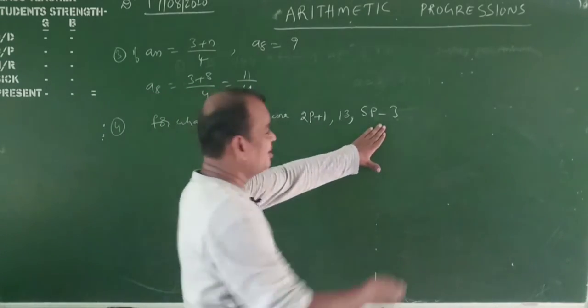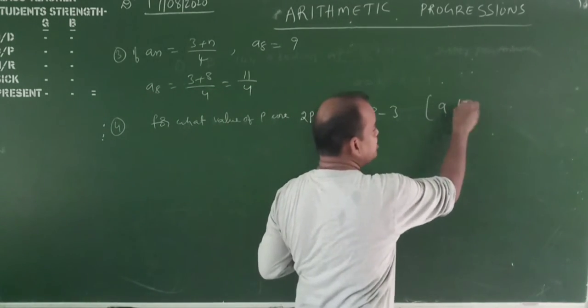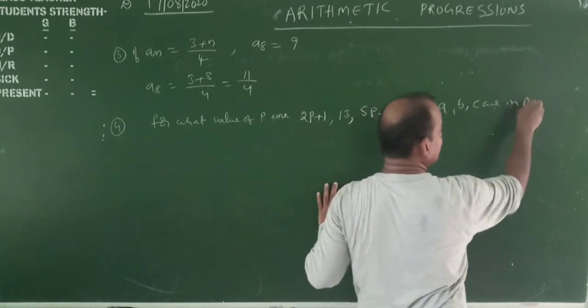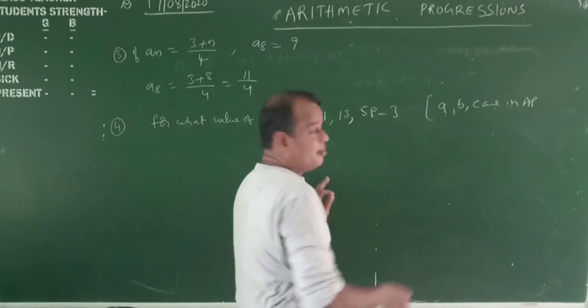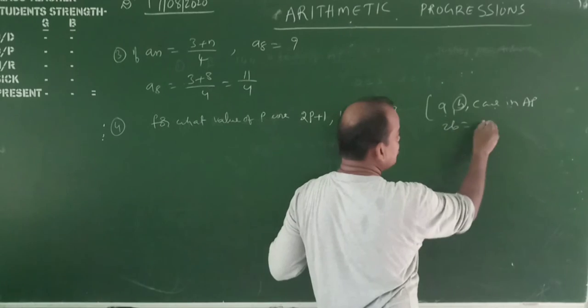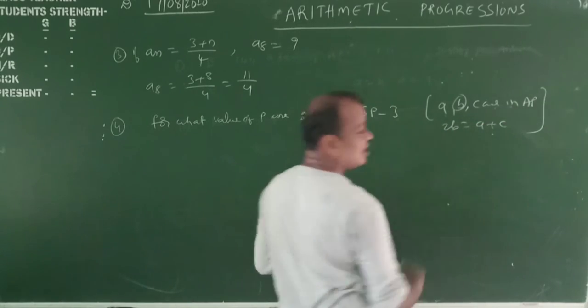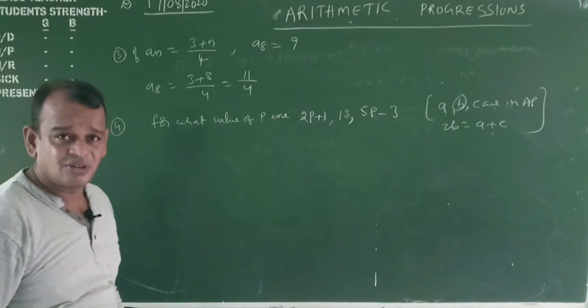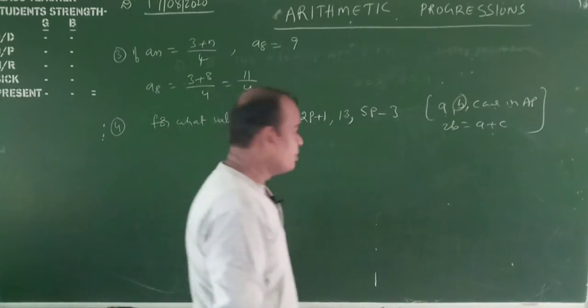Already yesterday I told the formula: if A, B, C are in AP, twice the middle term is equal to the sum of the remaining 2 terms. This is the formula or not? Say yes or no.